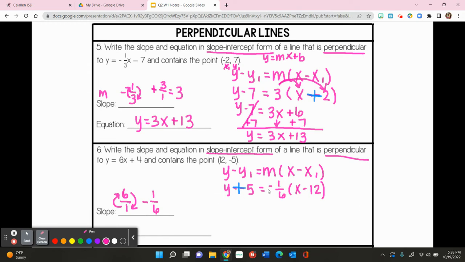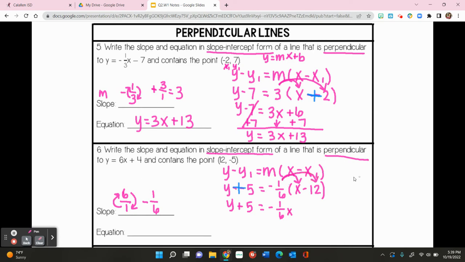So now, since I want this in slope-intercept form, I'm solving for y. And remember, the first thing we always do is get rid of the parentheses. So I'm going to bring down y plus 5 equals, and now I'm going to distribute. -1/6 times x is -1/6x. -1/6 times -12.